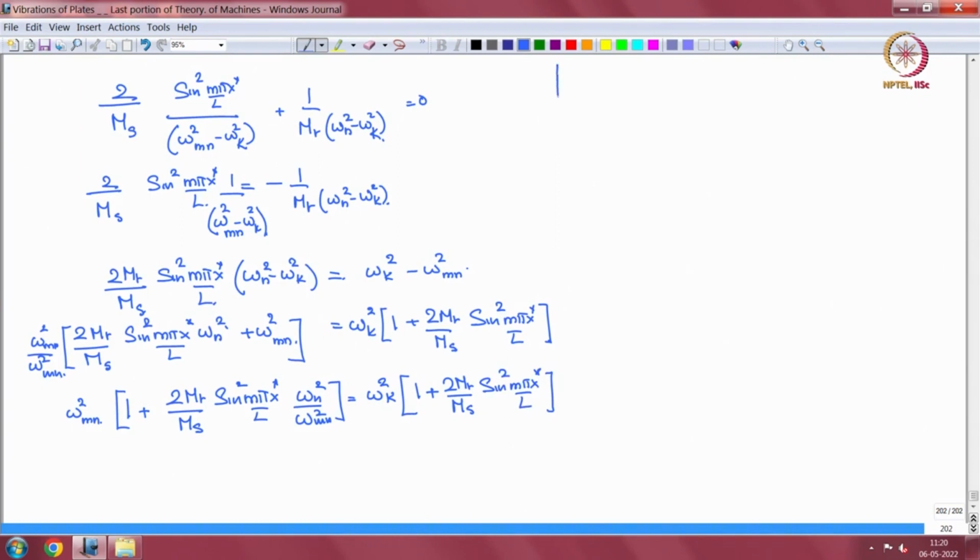So if I put it in a convenient form, this is what we are looking for as a perturbation to this. Okay, so what happens?